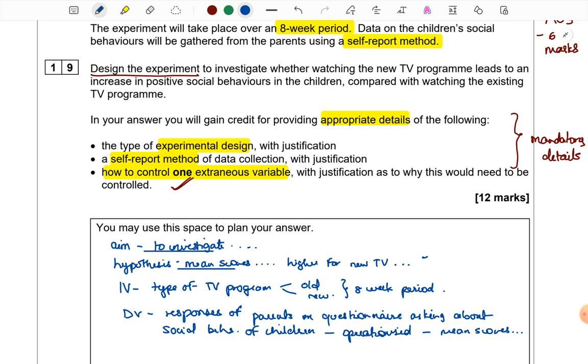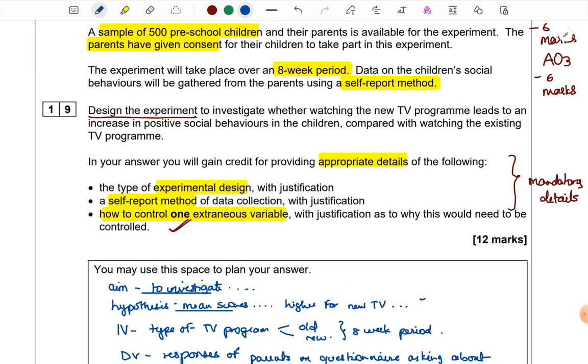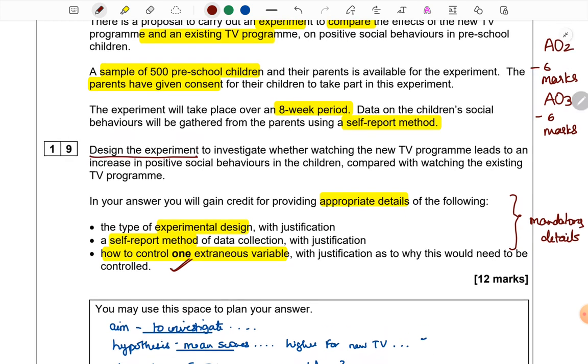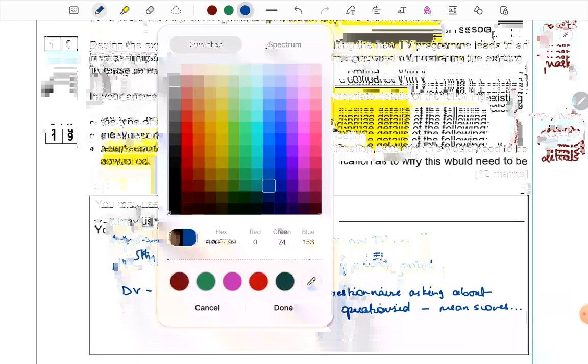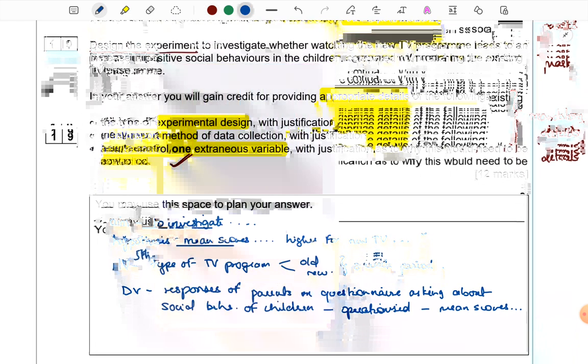It is difficult to control that as such, but because we have parents in our confidence, like parents are also a part of the study. If we read the question, they have recruited preschool children and their parents, so we can instruct the parents to make sure that their children do not watch any social behavior related program.